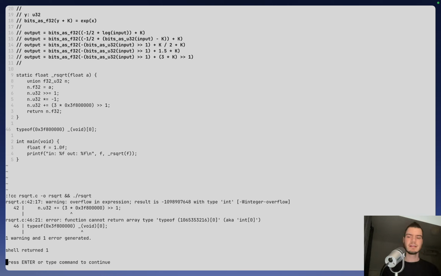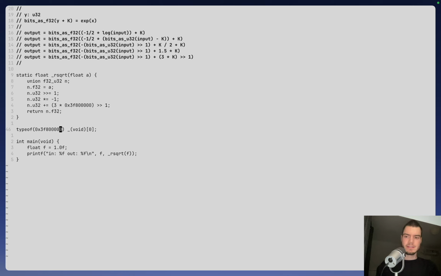Now that's an issue because multiplying this constant by 3 is going to result in a value that occupies the last bit in those 32 bits of an integer. And that bit is the sign bit. And that's not what we want.